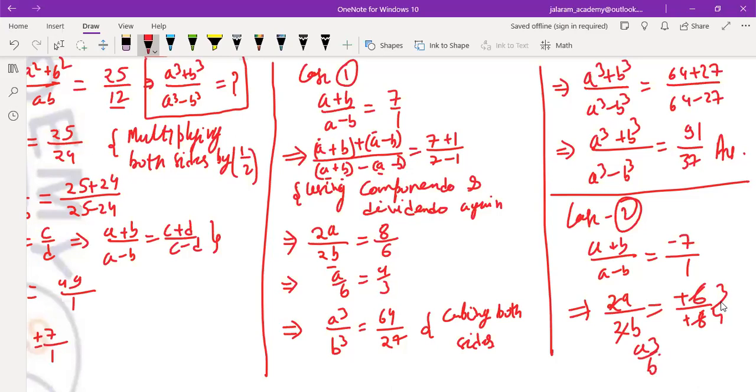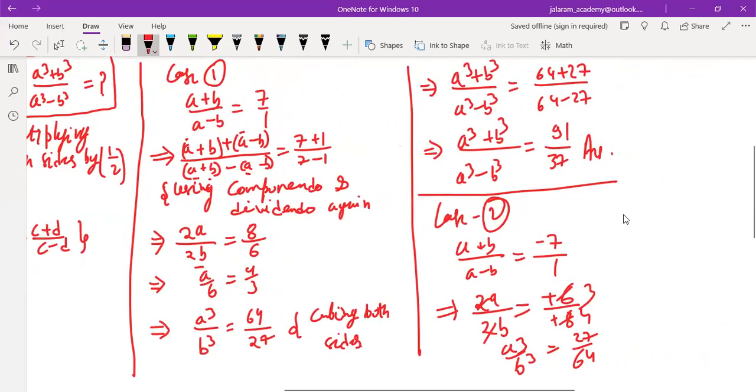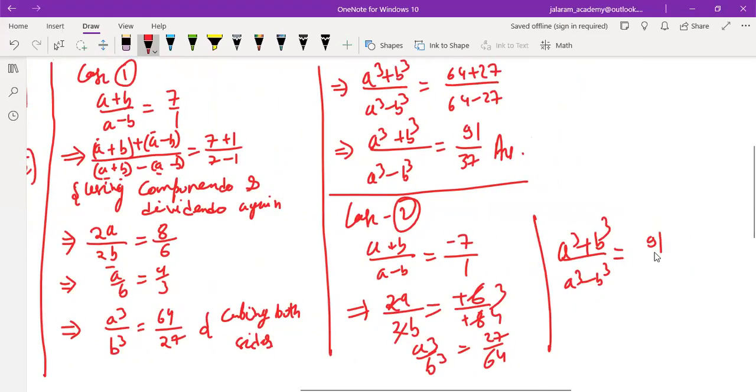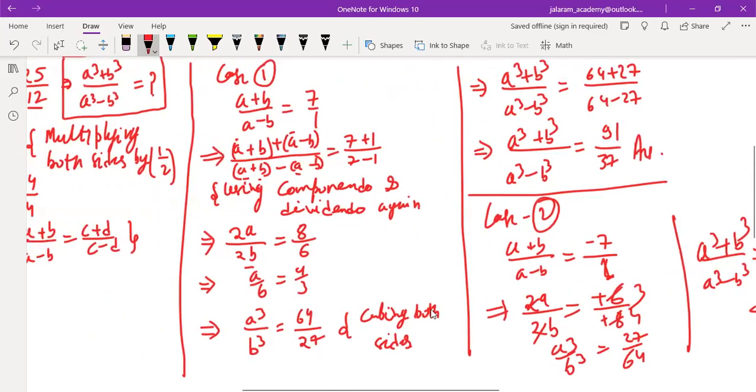On cubing, it becomes 27 by 64. And using componendo and dividendo, this is given only as a hint. You have to solve it in the proper way. 27 plus 64, 91, upon minus 37 will be the answer if we take a plus b upon a minus b equals minus 7 by 1.